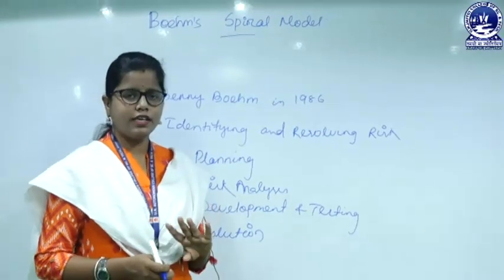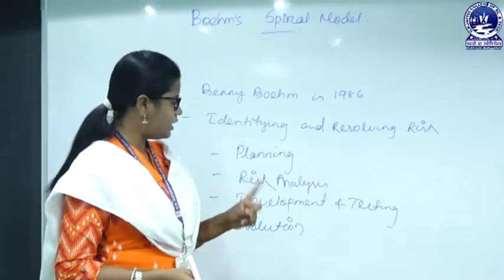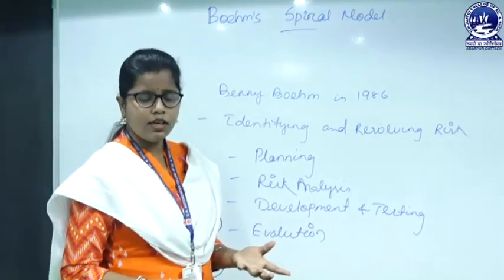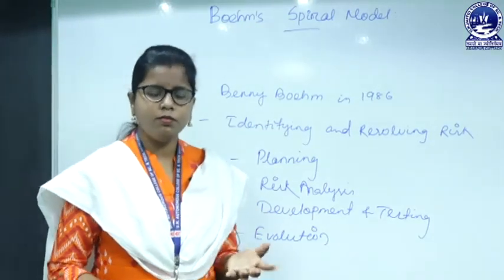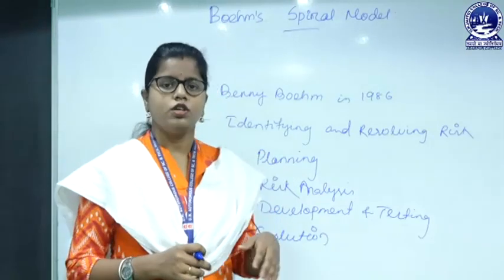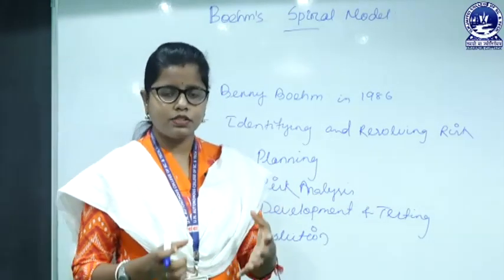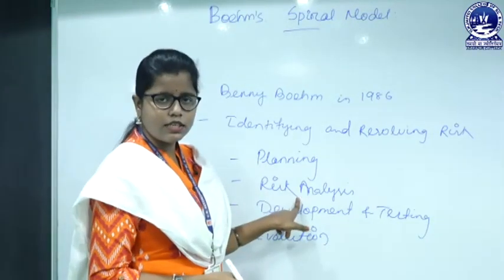So basically we have four phases in the spiral model. In the first phase we are going to plan. That means in the planning phase we will define what the problem actually is and what the solutions for that problem are. Then, after getting some solutions for the particular problem, we will go for risk analysis.